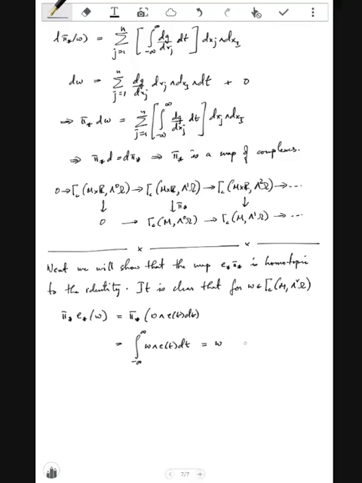So we just get back omega, hence the integral from minus infinity to infinity of e of t dt is 1.